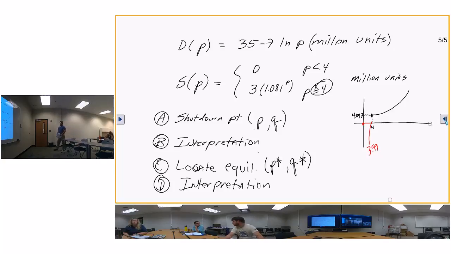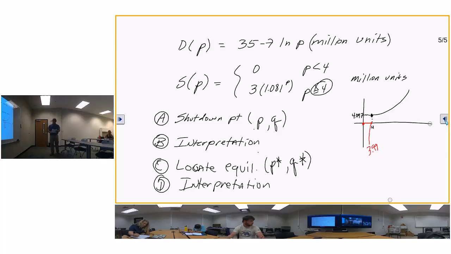And that's what you need to write for B. Now, I'm going to give you what they say here. Producers are willing to supply 4.097 million units at a market price of $4. I'm ad-libbing here: anything below $4, the producers will shut down. So if you understand that part, then good to go.